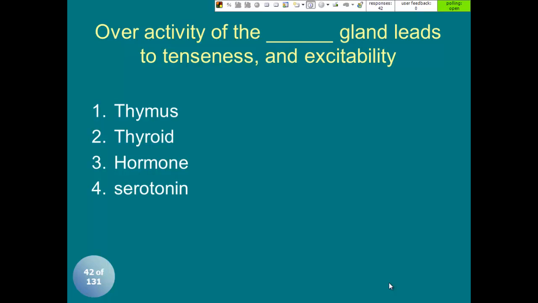You have a question? Yeah. So people with an overactive hypothalamus... People who have an underactive hypothalamus will eat a lot but put on weight very, very quickly.